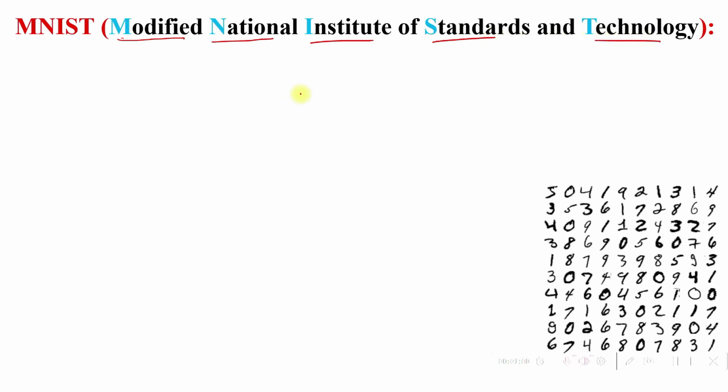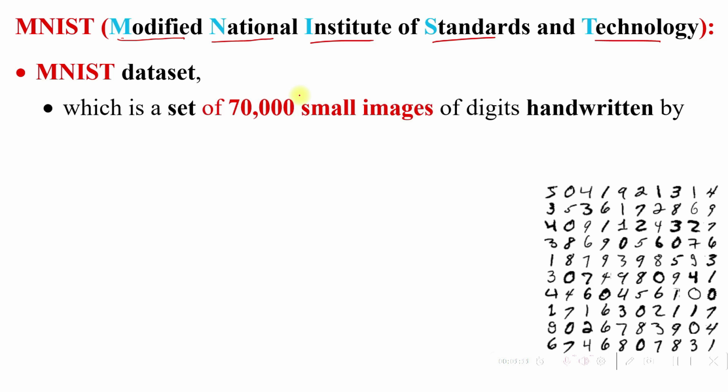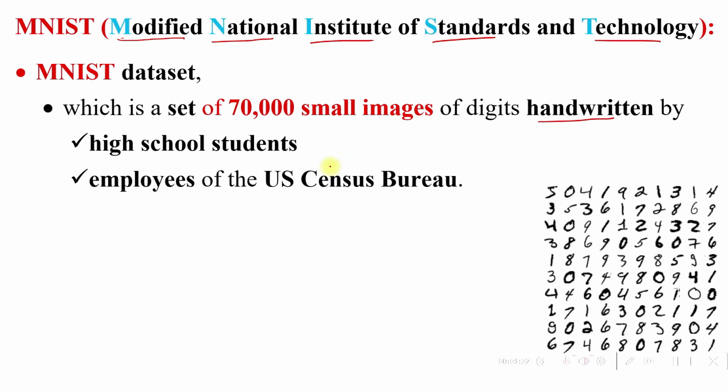It provides a data set containing 70,000 small images of digits handwritten by high school students and the employees of the US Census Bureau. Simply, it is a digit, like 5 or 1 or 0. So you have the 70,000 small handwritten digit images.